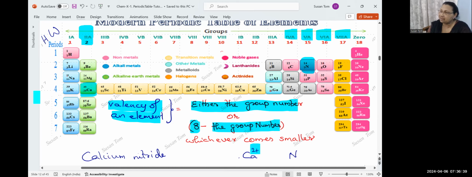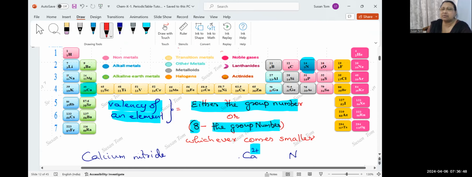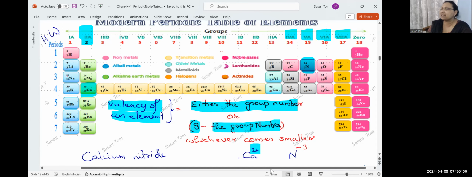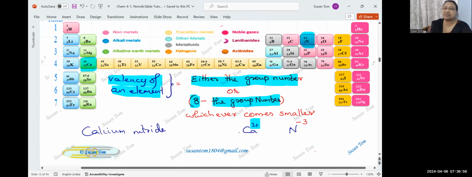What is 8 minus 5? 3. 8 minus 5 is 3, is smaller. तो नाइट्रोजन की वैलेंसी 8 माइनस करने पे बना, तो you learn it is -3. आप एक्सचेंज करो, ये 3 इधर आएगा, 2 उधर चला जाएगा. Ca3N2 is the answer. Calcium nitride is Ca3N2. None of them are the ones which you said. Do you understand, children? So write this equation and apply it in this manner.